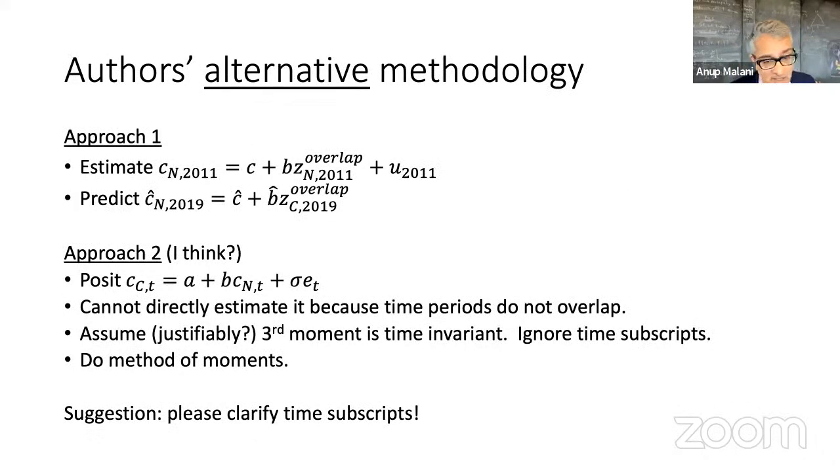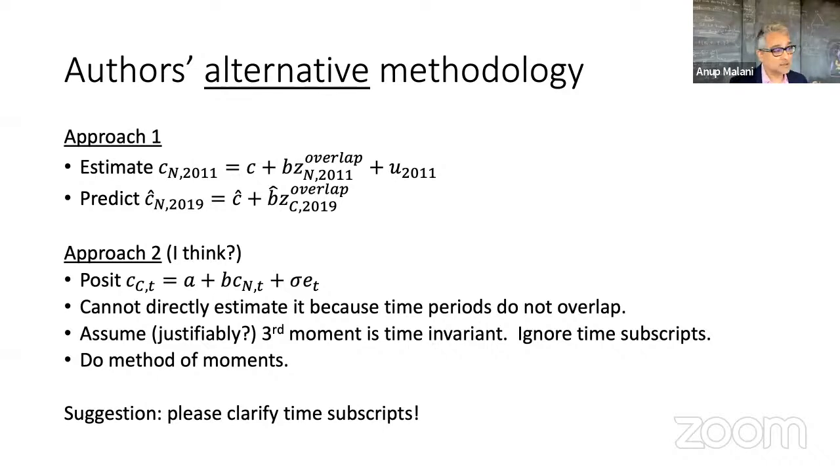Now, there's an alternative methodology. There are two approaches, and I'm going to try to get it right, but I would welcome correction because it was a little bit hard to understand. One approach they describe is: find a bunch of variables where CPHS and NSS overlap.